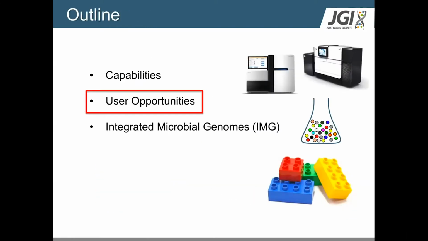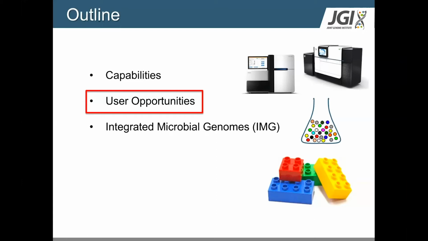Okay, so you can gain access, as I said, to all these products, some of the ones that I talked about, and a much more expanded set that I didn't talk about, by submitting a letter of intent. Generally, that letter of intent is really to check to see that the proposal that you submitted is of DOE mission relevance.